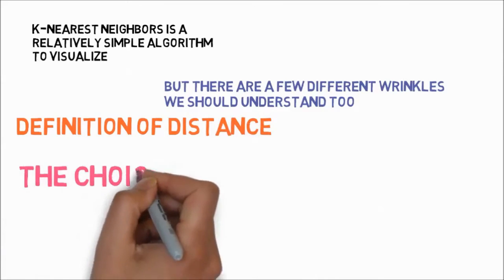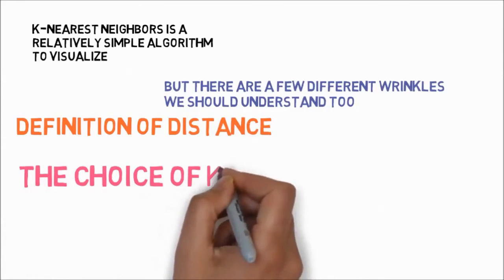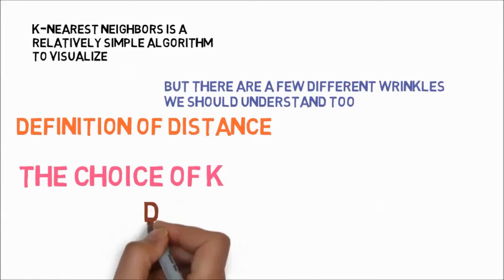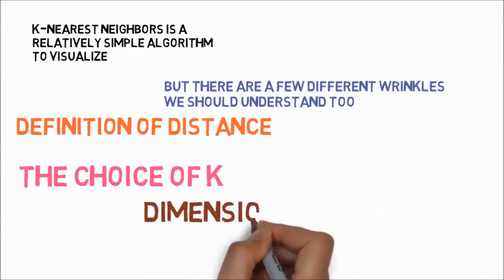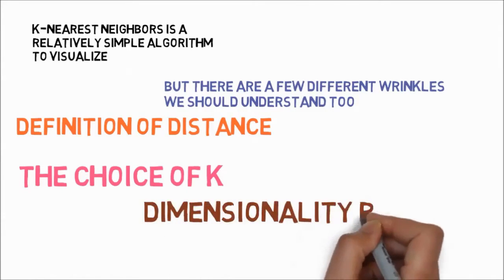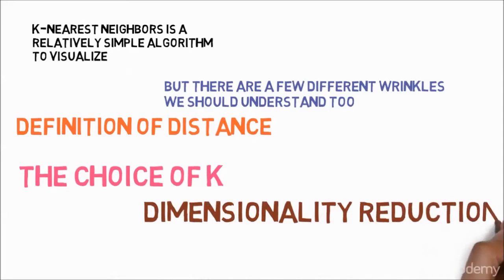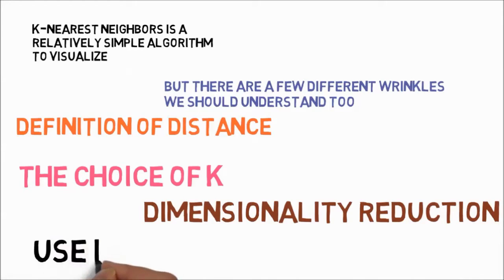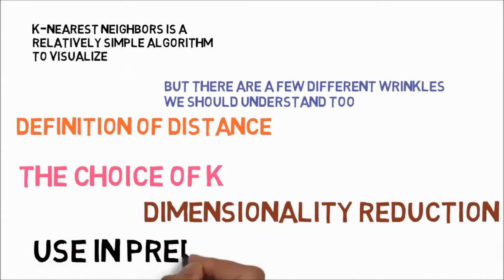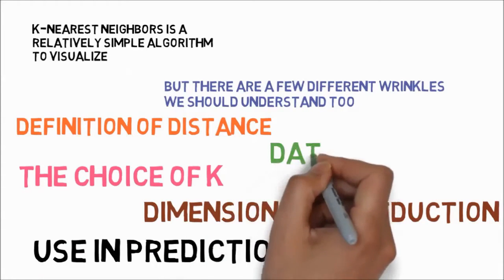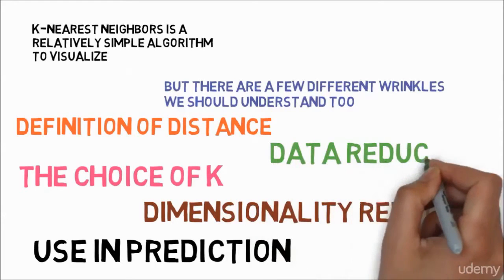Clearly, k is an important parameter. How do we choose k? What if there are too many dimensions? How do we reduce the number of dimensions to make it more computationally efficient? How do we use k nearest neighbors in prediction? And what if there's a large amount of data? How do we work efficiently?